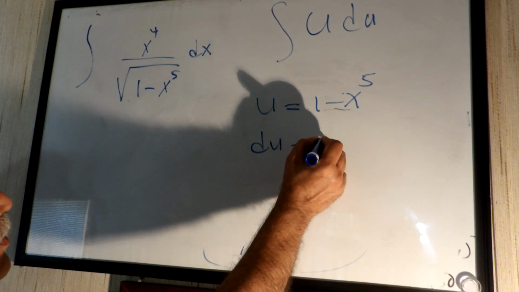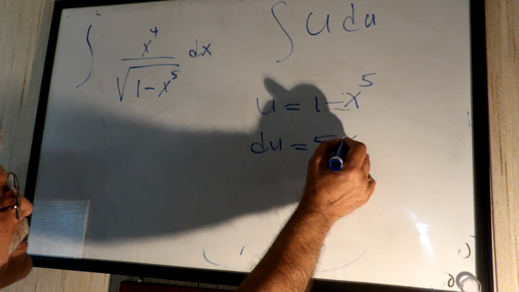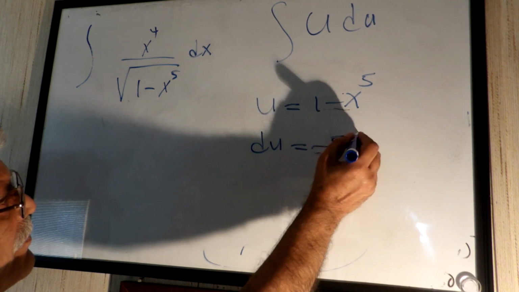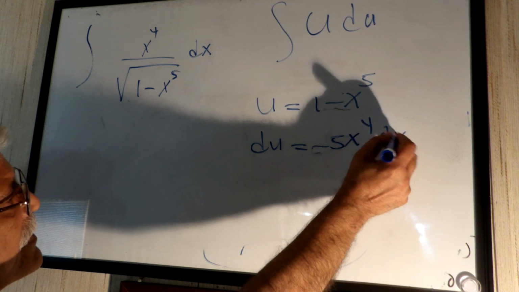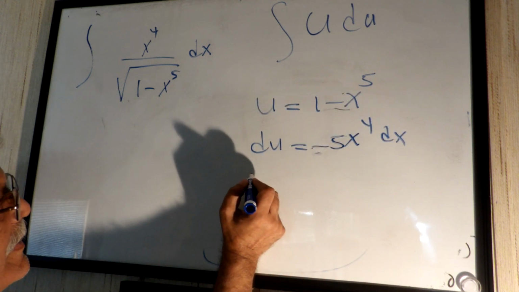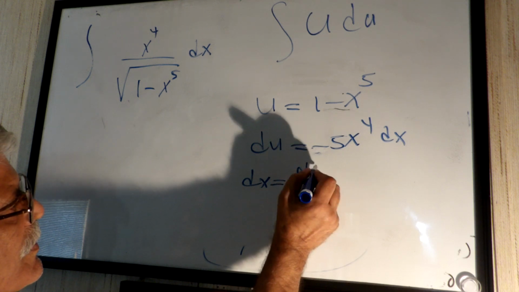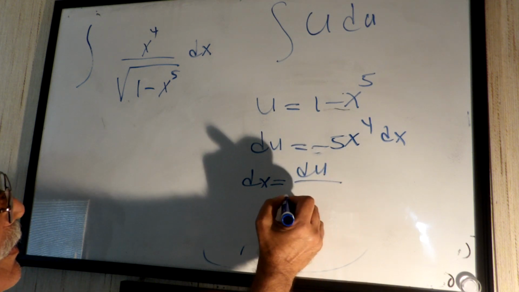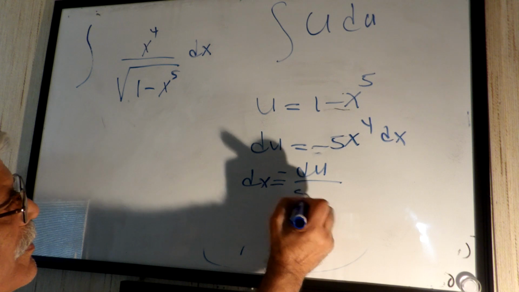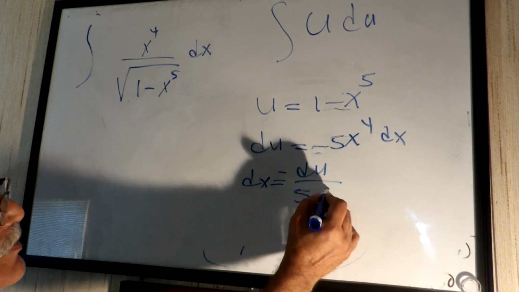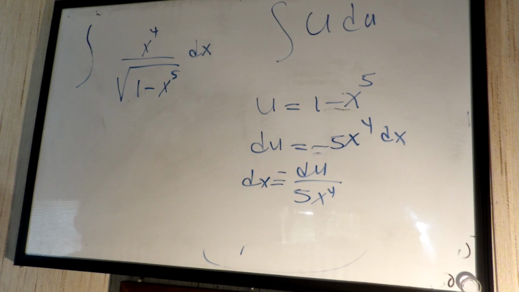and du is equal to minus 5x^4 dx, and then dx is going to be du over minus 5x^4. So we do this, we put this one here.